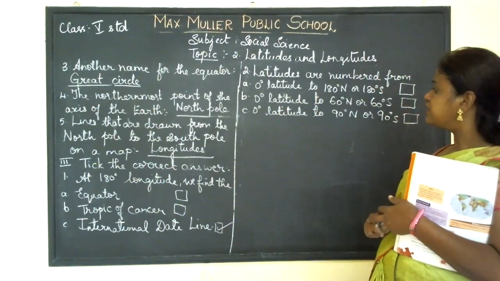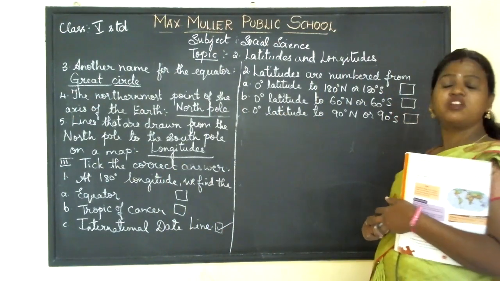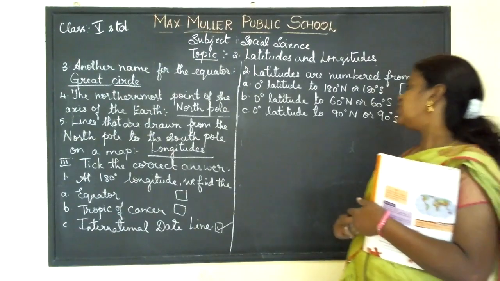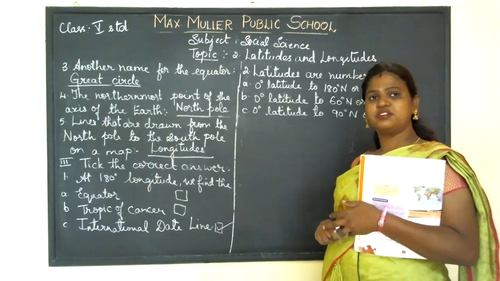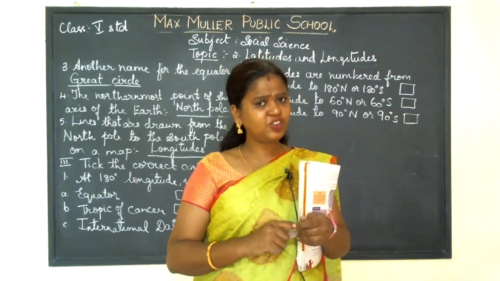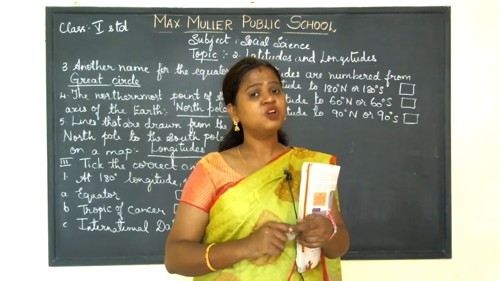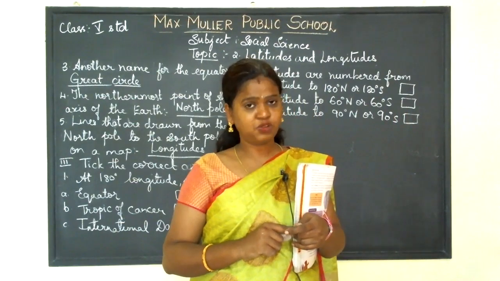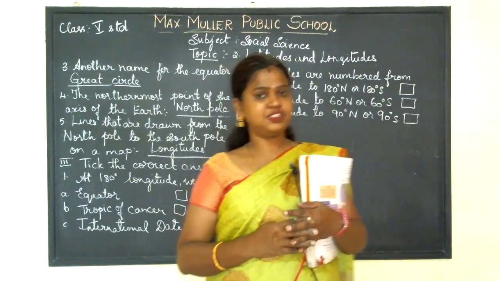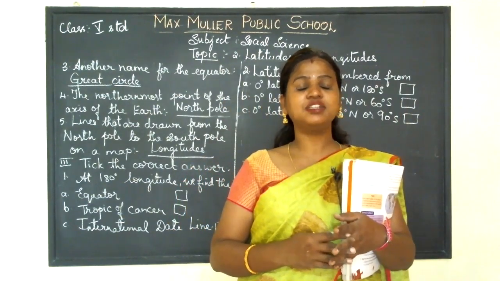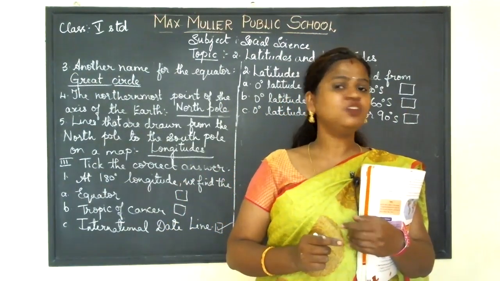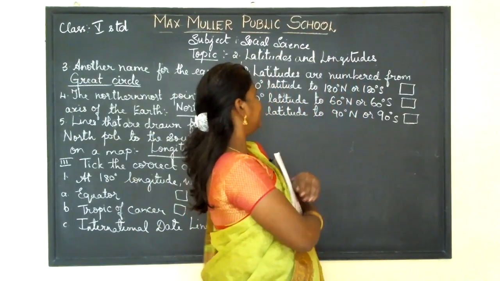The second option is 0 degree latitude to 60 degree north or 60 degree south. And the last option, the C option, is 0 degree latitude to 90 degree north or 90 degree south. I told you people that the longitudes are imaginary lines which divide the eastern and western hemisphere, and they are numbered from 180 degree east to 180 degree west.